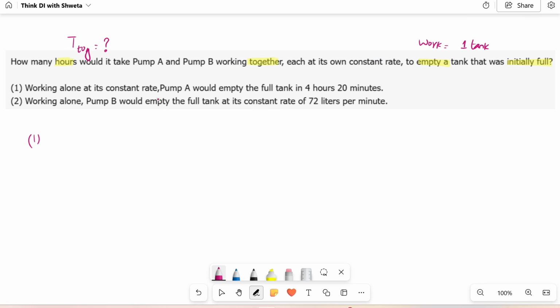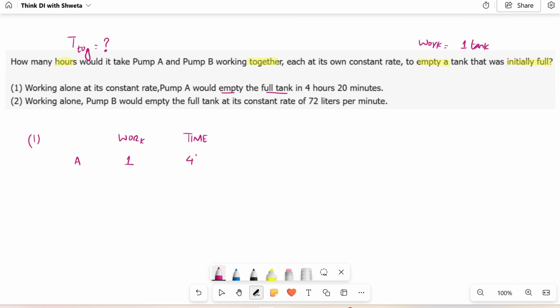Statement 1. Working alone at its constant rate, pump A would empty the full tank in 4 hours 20 minutes. That means if I'm talking about work, it's the same one work, the same one tank I'm talking about. And this is pump A, by the way. It says pump A would empty it alone in 4 hours 20 minutes.